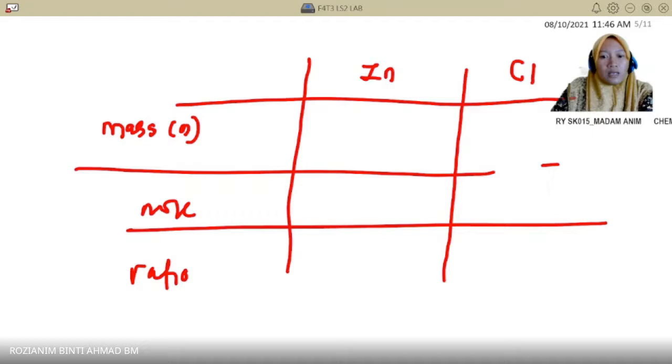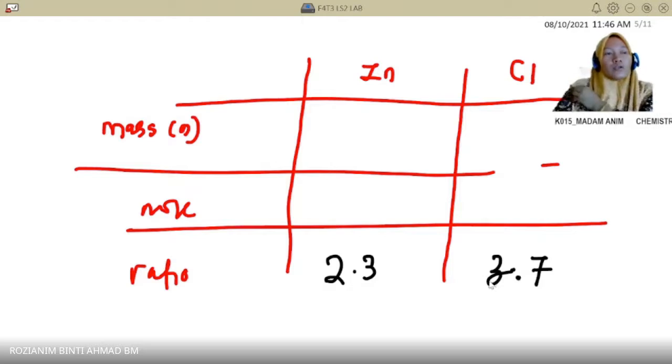During the calculation from the data experiment, maybe you dapat zinc dekat sini contoh 2.3. Contoh chlorine kita dapat 3.7. Okay. So during tutorial session, I said that in calculation empirical formula, we do not round off the ratio.